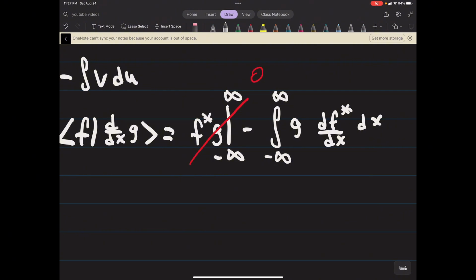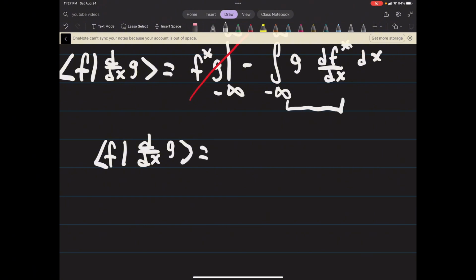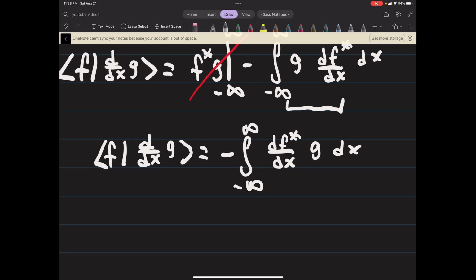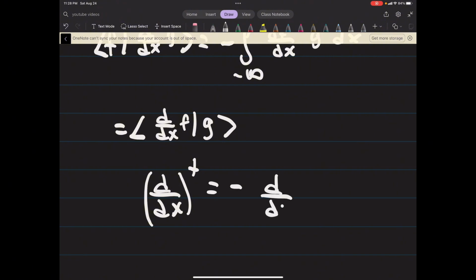And if that's the case, then those need to go to 0. So if you look at this integral, it's equal to minus the integral from minus infinity to positive infinity. So evidently, we just have this negative sign that comes along if we move this over here, because this is essentially just d by dx of F G. So then our Hermitian conjugate for the derivative is just minus d by dx.